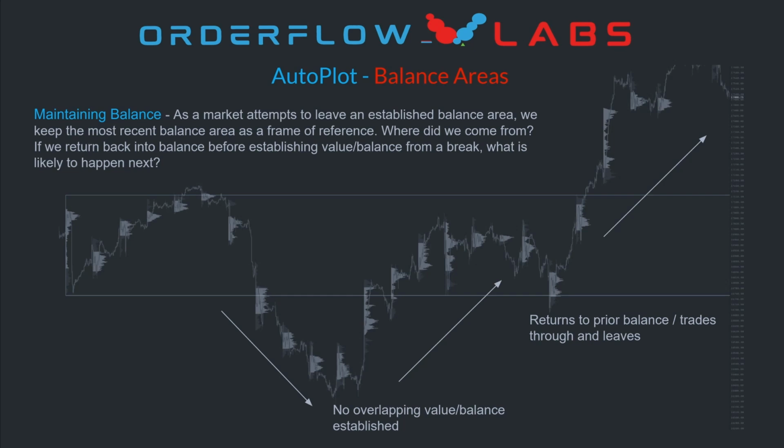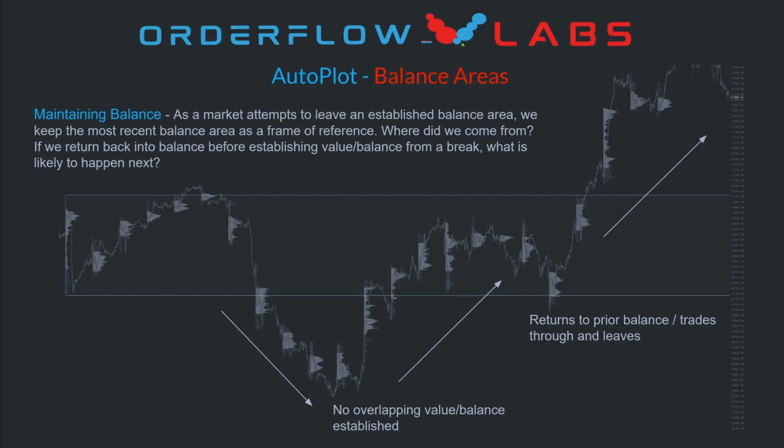And what I mean by that is previously with the balance area study, if we left a balance area for more than 2 days, because we had the peak and fail sequence, we would clip that balance area and not draw another balance area until balance was reestablished.